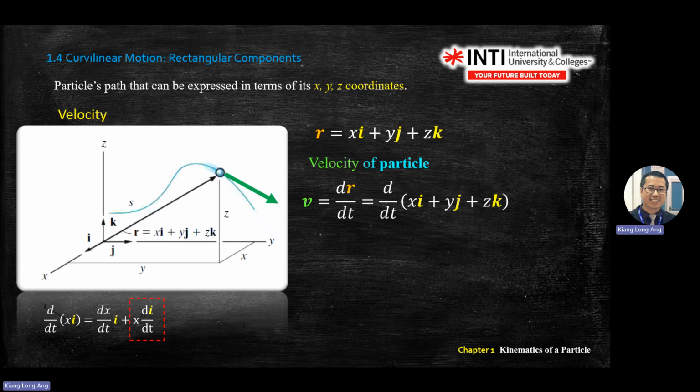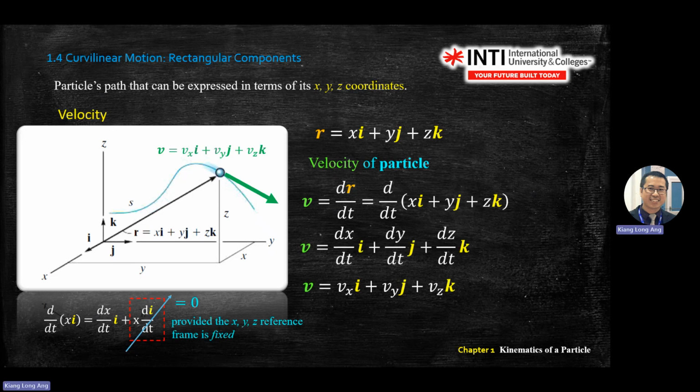So this one is 0. You take out this one for the first one. You do the same for y, and the same for z, always taking out the j or k second half. You arrive at this equation: dx/dt i plus dy/dt j plus dz/dt k.